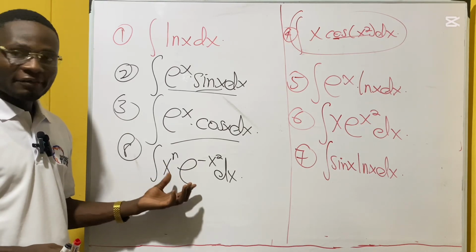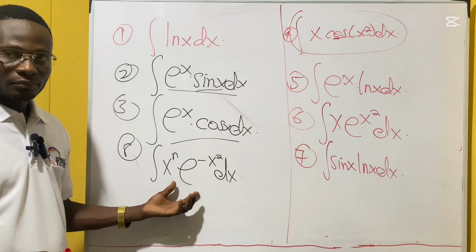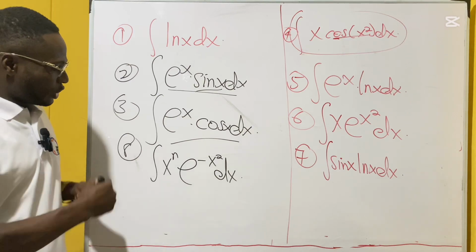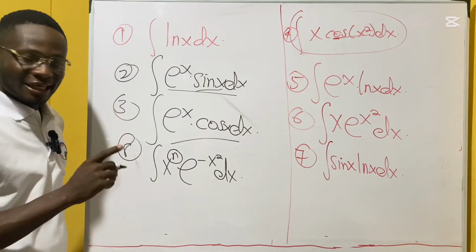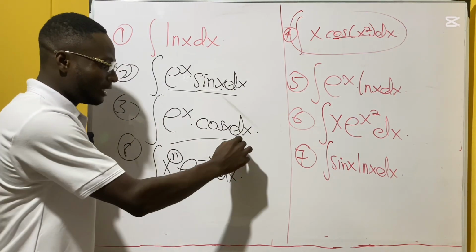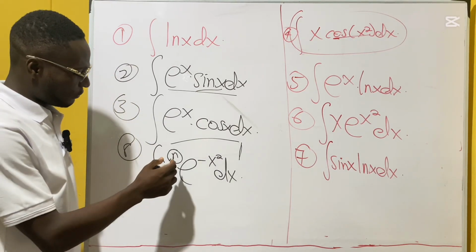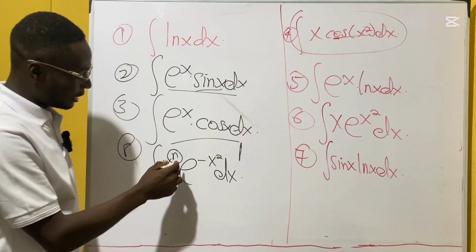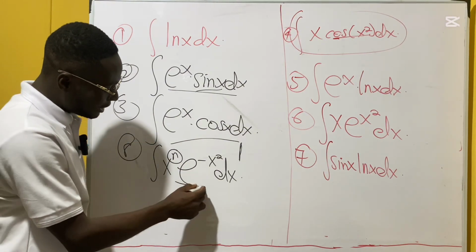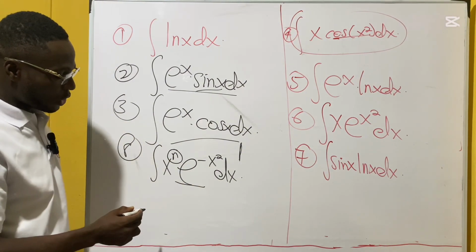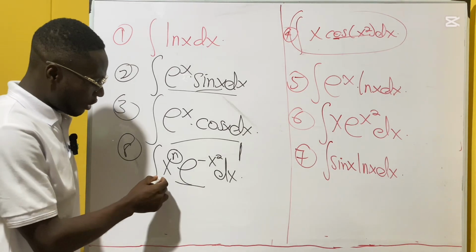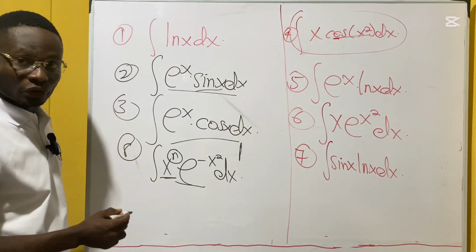You know that n here is any real number. You cannot choose this as your u, of course you're going to choose this as your u.